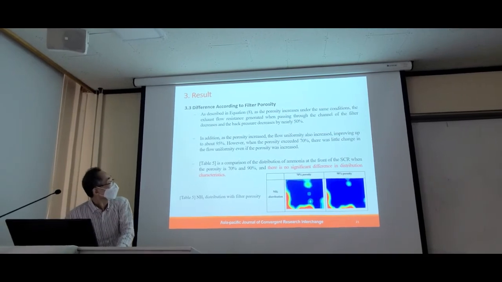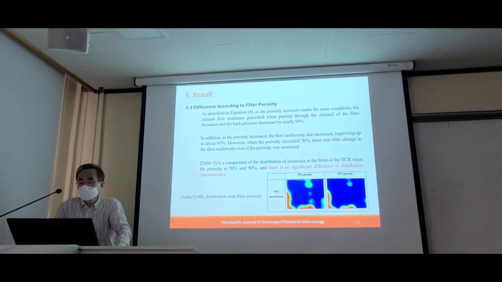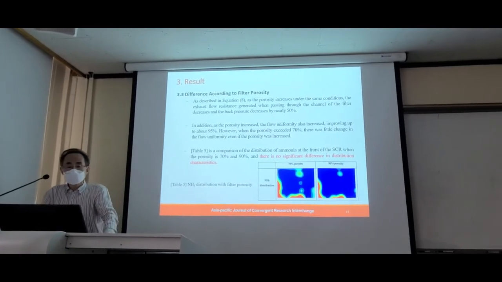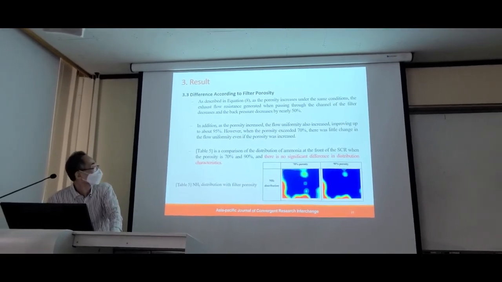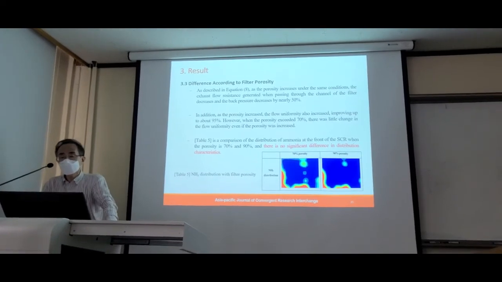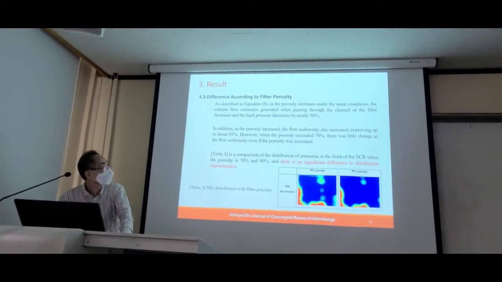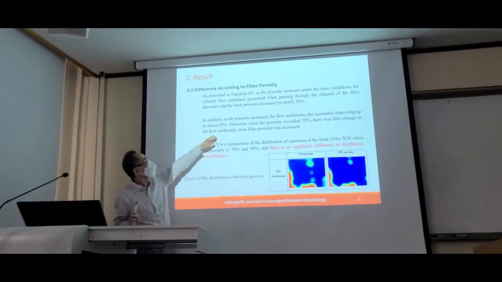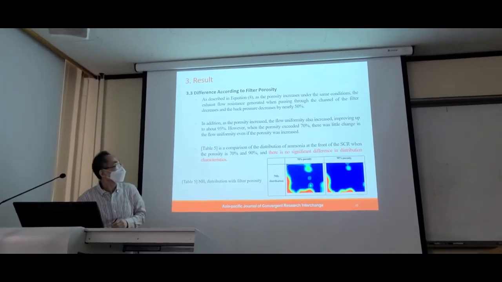In addition, as the porosity increased, the flow uniformity also increased, improving up to about 95%. However, when the porosity increased to 70%, there was little change of flow uniformity, even if the porosity was increased.